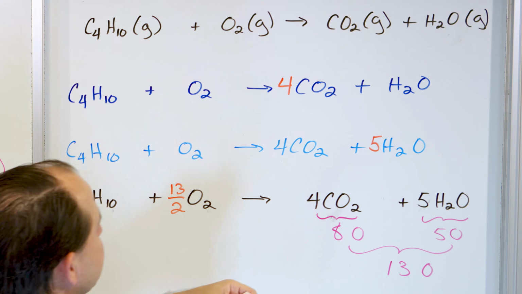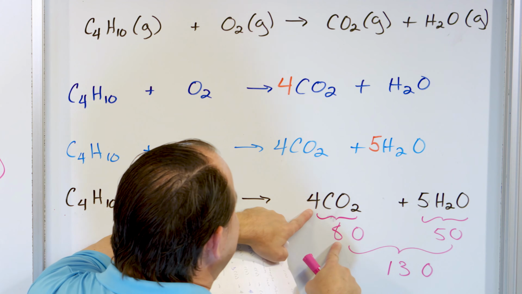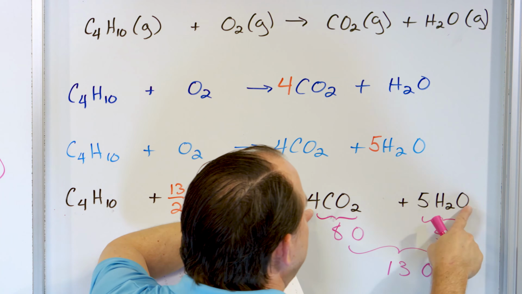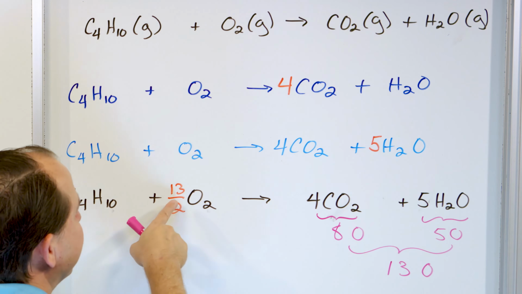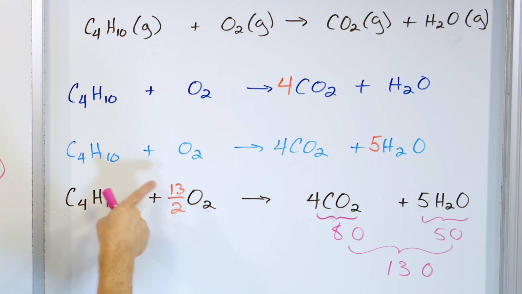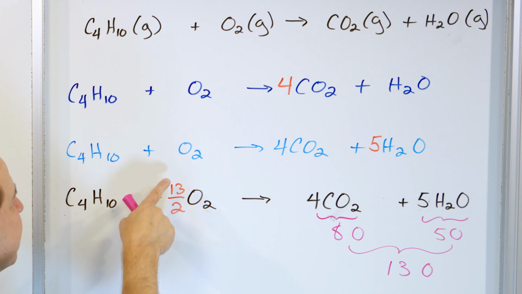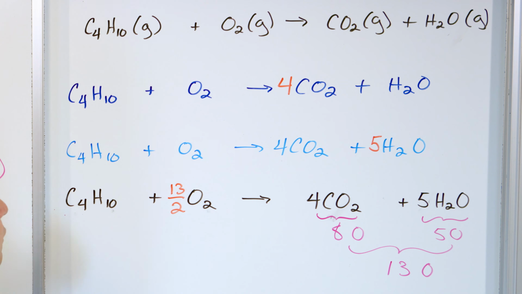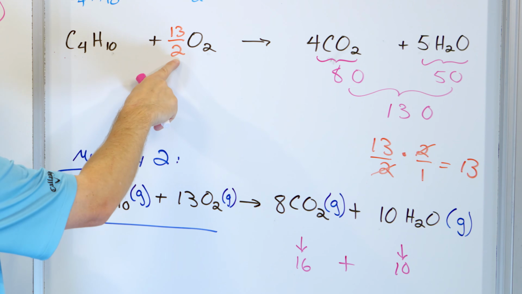Then we got down to the point where we said, well, wait a minute, here we had 8 oxygens. Here we had 5 more, which is 13 oxygens. There's no whole number I can multiply here times 2 to give me 13. So I have to resort to fractions. 13 halves times 2 does give me 13. I use the fraction. This is balanced, but we never want to see fractions in our final answer. So we multiply through term by term by any common number we wish. We multiply by 2 to clear the bottom.